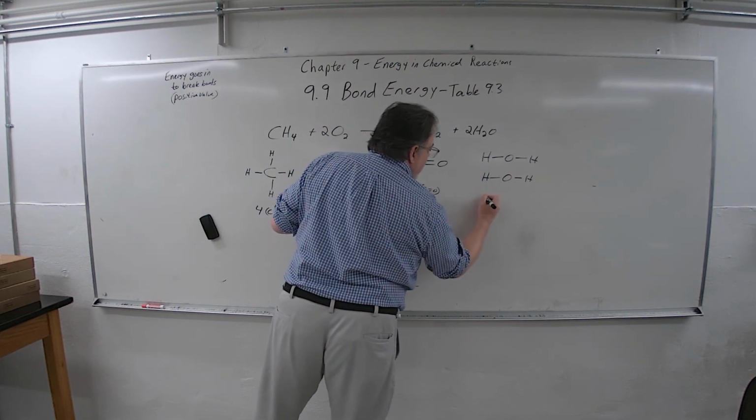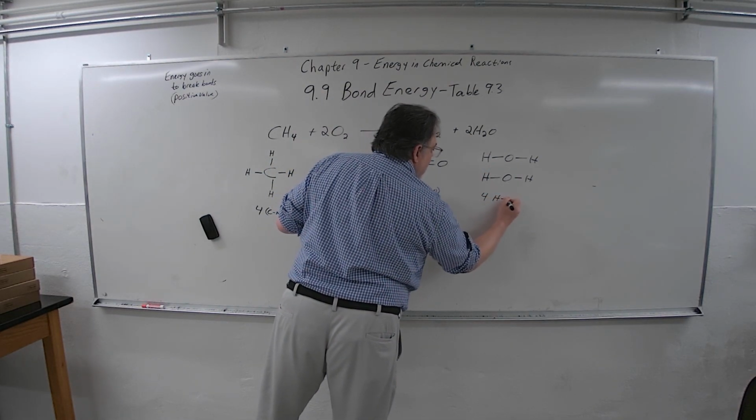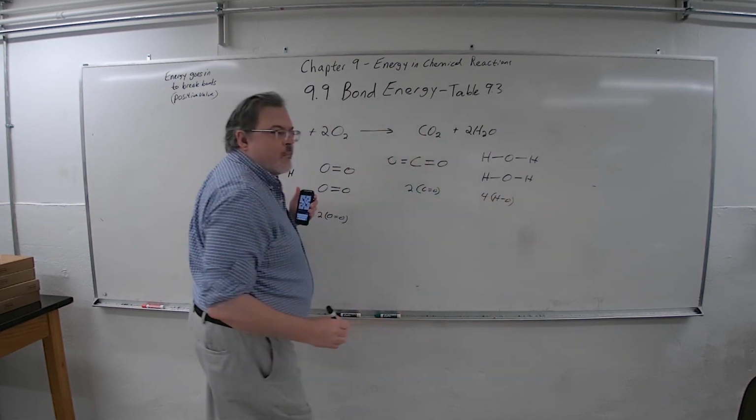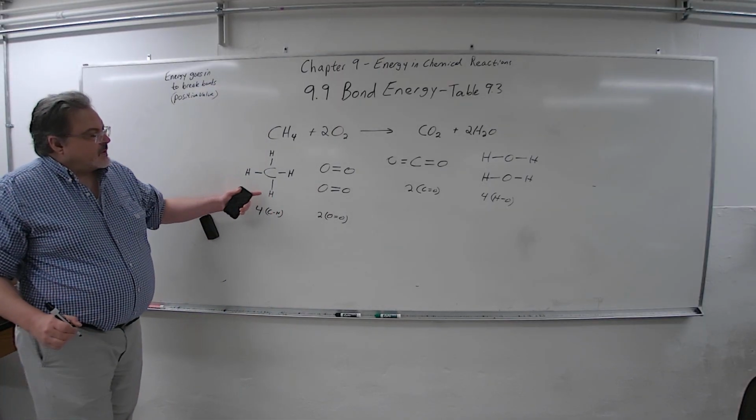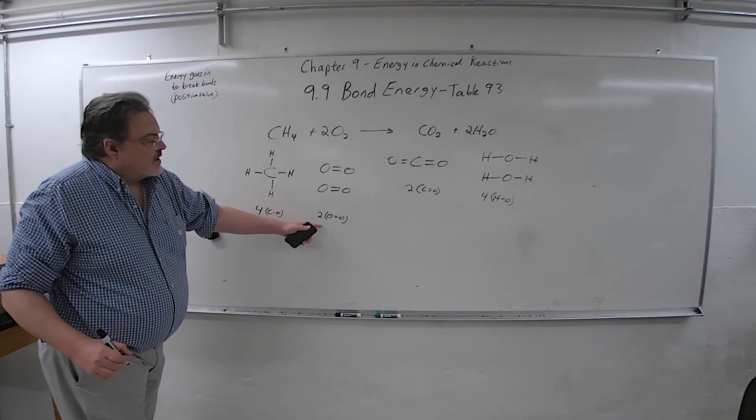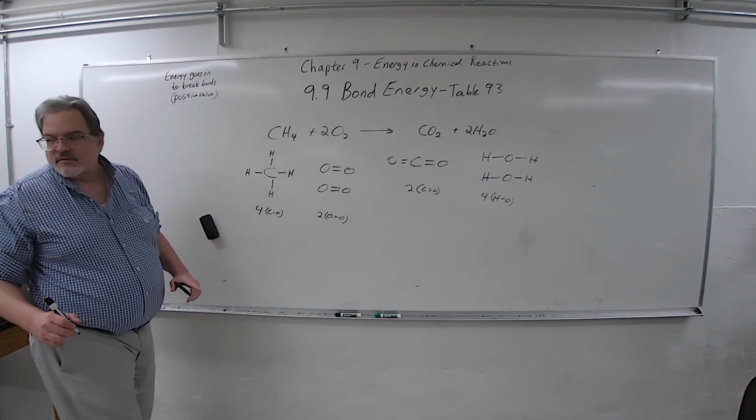And here I have 4 H to O bonds. So these are the bonds that break: 4 C to H bonds and 2 oxygen to oxygen double bonds. You follow me so far?